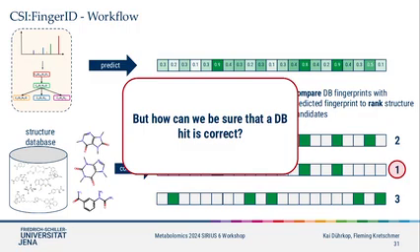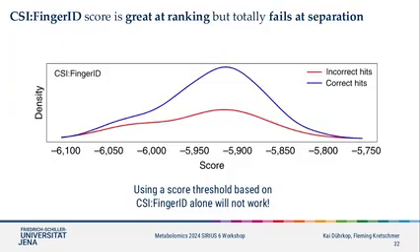And the question is now, how can we find out which part of my data is correctly annotated and which is probably wrongly annotated? The most obvious thing would be just to use the score offered by CSI:FingerID, saying that a good score is probably correct and a bad score is most likely wrong.